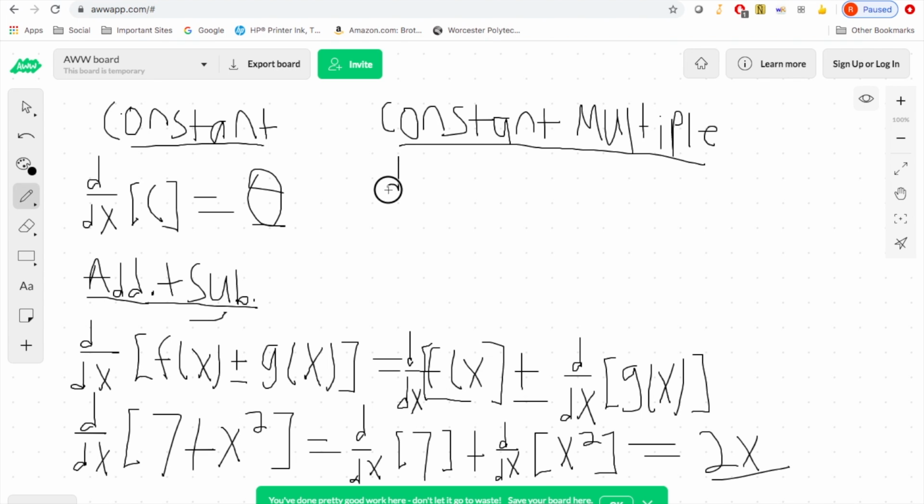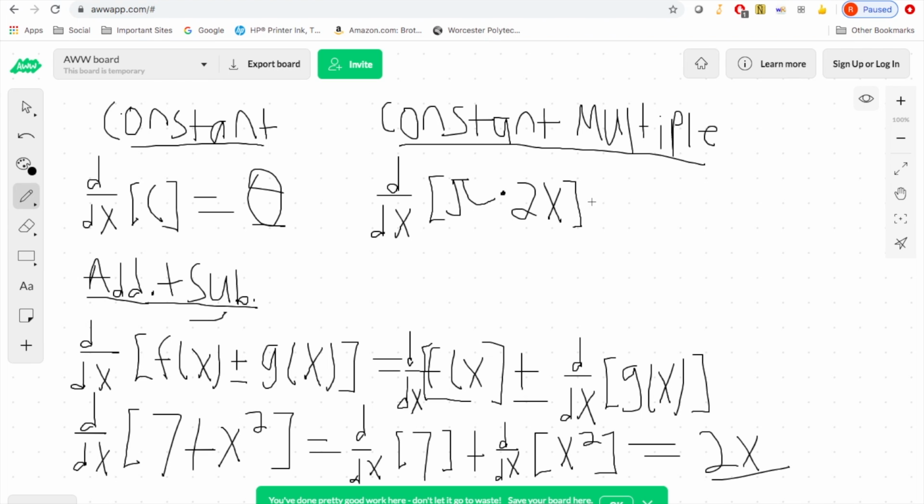So for example, let me just do an example. d/dx of pi, which is obviously a constant, times 2x. So in order to solve this derivative, it's actually very simple.